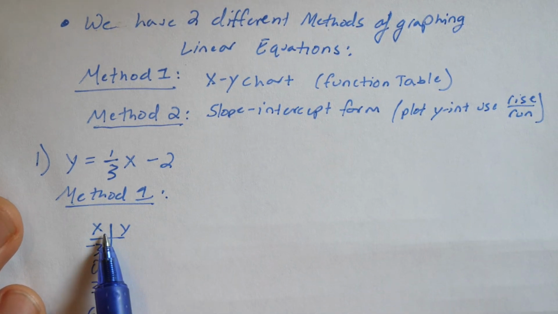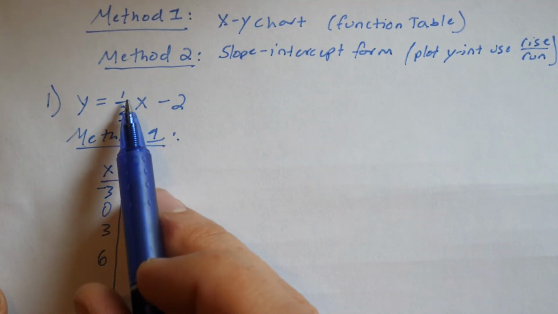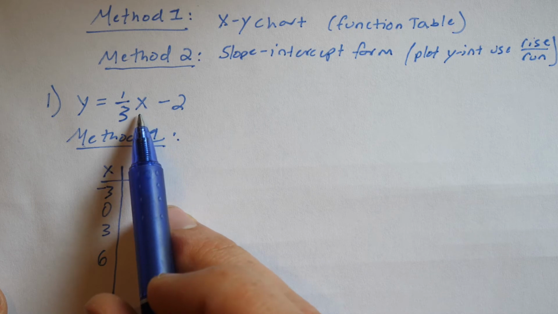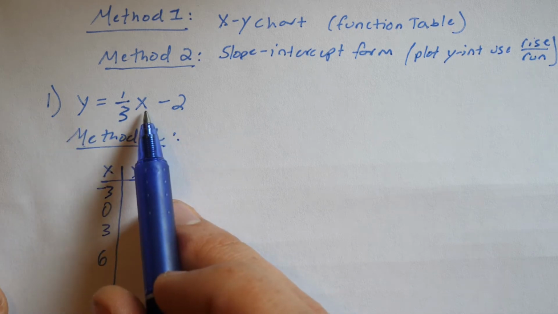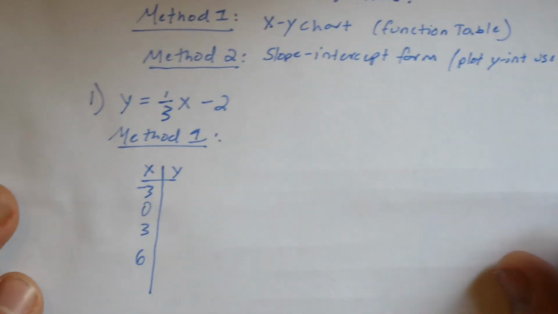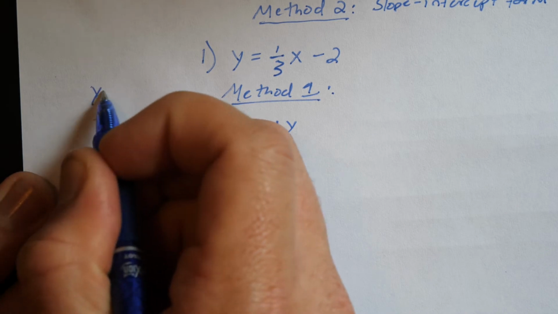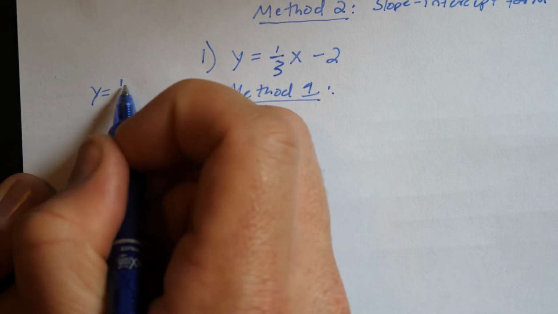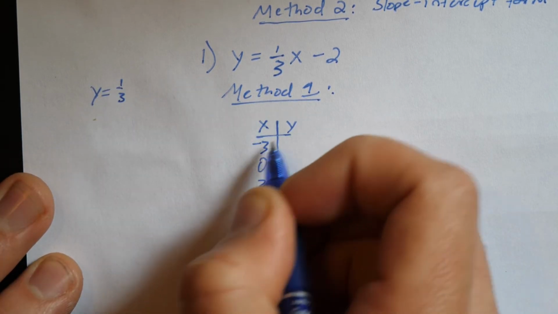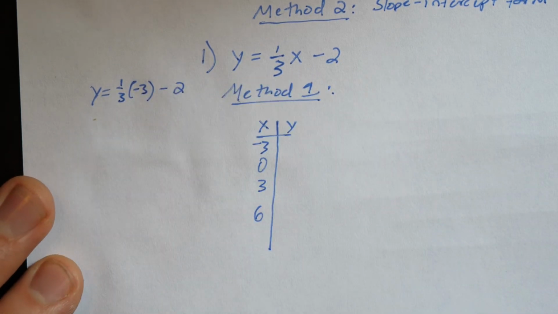Okay, so these are our inputs, right? So if I input -3 into 1/3 x, what is this going to simplify to give me my y value? All right, well, I'm going to input it over here. I'll do my scratch work on the left side, okay? So I would get y equals 1/3, and then this is where I input my x value, times -3 minus 2.